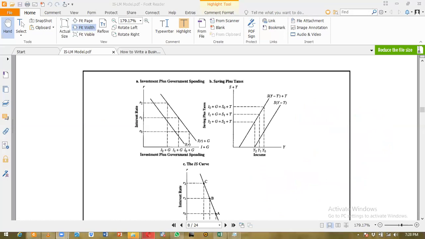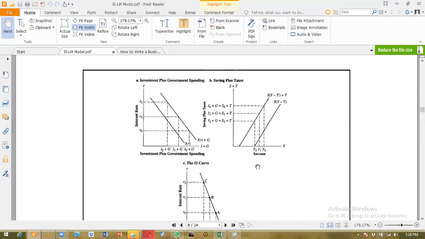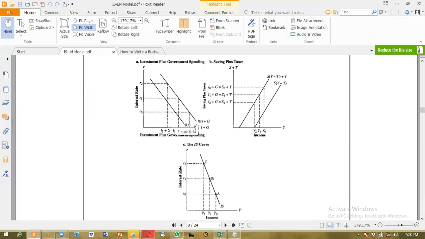Okay, so now let's look at the diagram. Let's say that initially there was no G and there was no T. So this is where the investment schedule would have been, and this would have been our savings schedule.